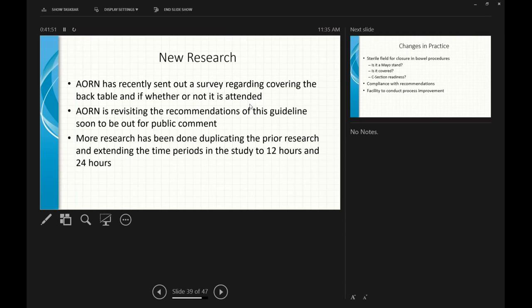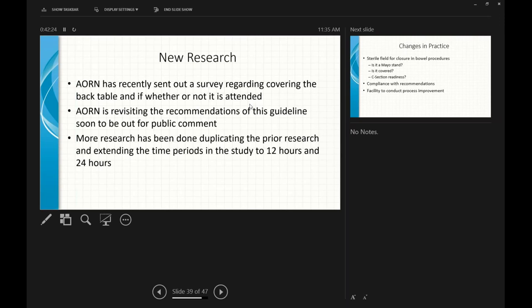And I know in very small hospitals where the team is not living in the hospital at night, or you don't have a team, these are covered, that the practice differed from what the guideline was because otherwise it just wouldn't work. And so AORN is revisiting this recommendation, and it's soon going to be out for public comment about covering the table, how long it should be covered, how it could be covered.